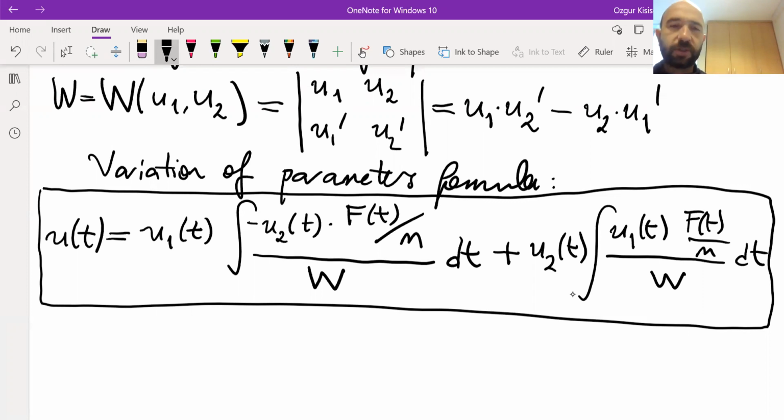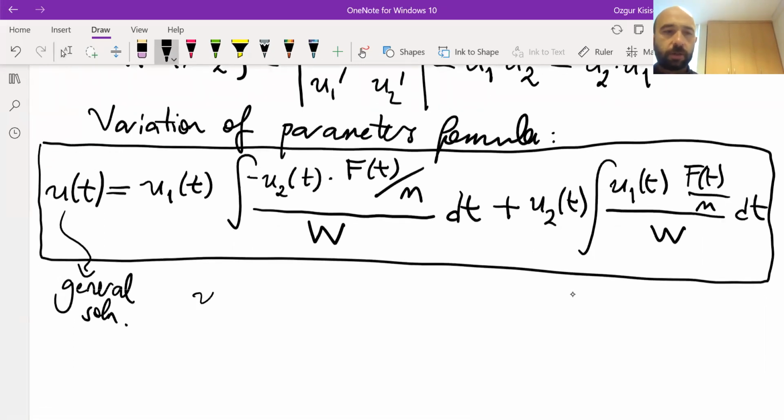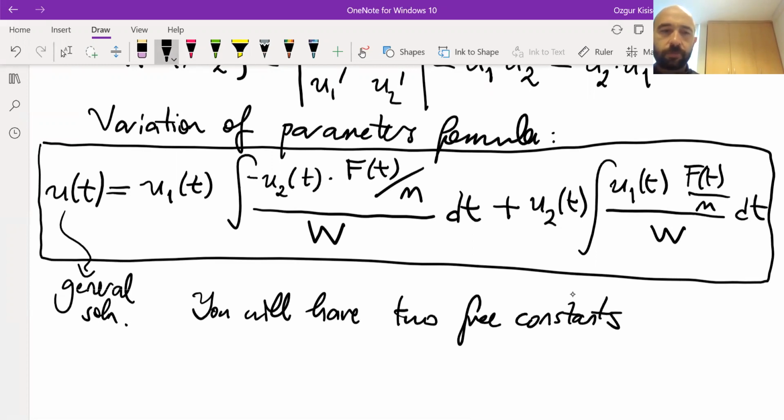Then there's this business of integration, and that will eventually give you the general solution u of t. You will have one free constant from the first integral and another free constant from the second integral. So you will have two free constants, C1, C2, coming from the indefinite integrals.